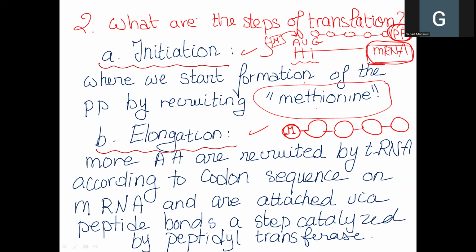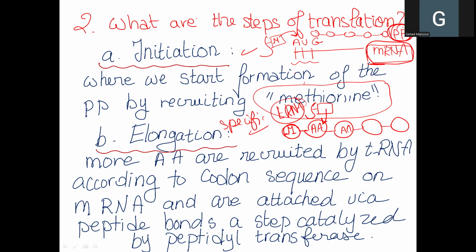And in order to elongate the polypeptide chains and to recruit those amino acids, we have to get their transfer RNA specific. And here it is very important, every time you talk about a transfer RNA, you have to mention the word specific, because each transfer RNA has its own specific amino acid.